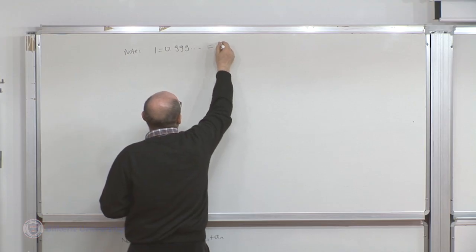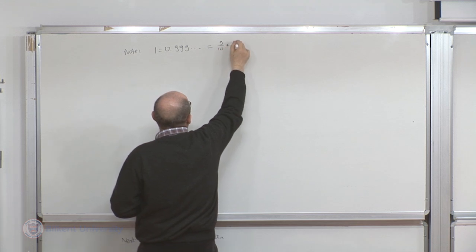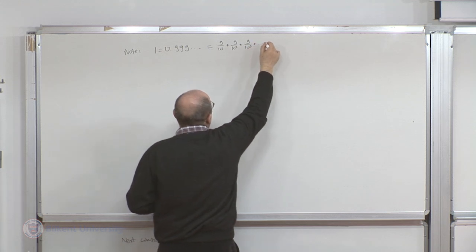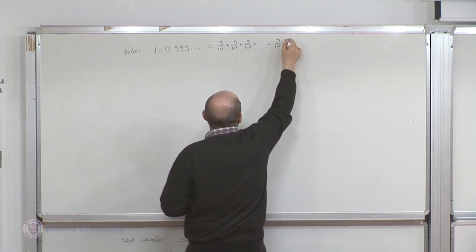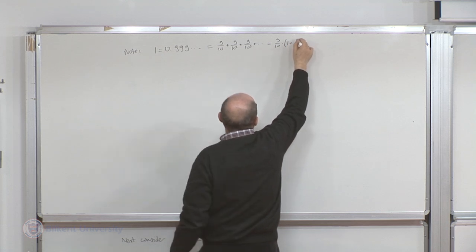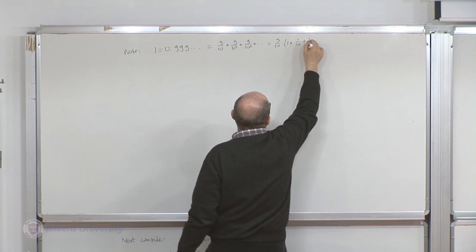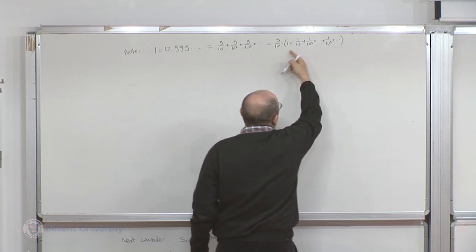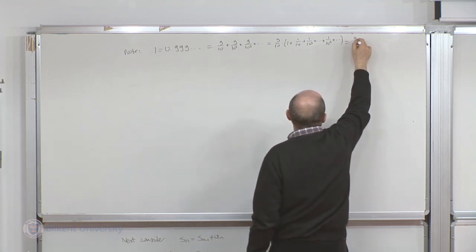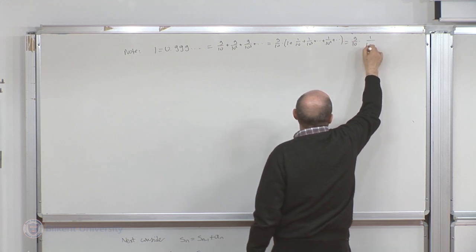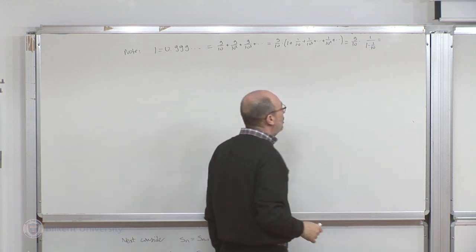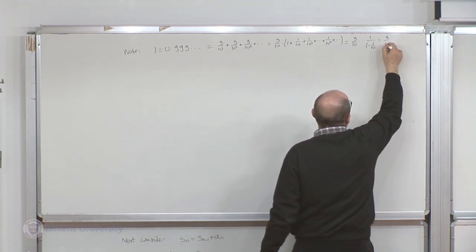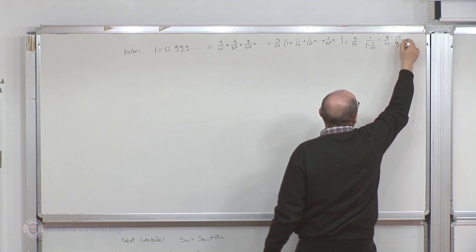This is equal to 9 over 10 plus 9 over 10 squared plus 9 over 10 cubed plus, so I can take 9 over 10 out, and here I have 1 plus 1 over 10 plus 1 over 10 squared plus 1 over 10 cubed, and this goes on like 1 over 10 to the n. This is a geometric series: 9 over 10 times 1 over 1 minus 1 over 10. So this part is 10 over 9, this is 9 over 10, and so this is equal to 1.